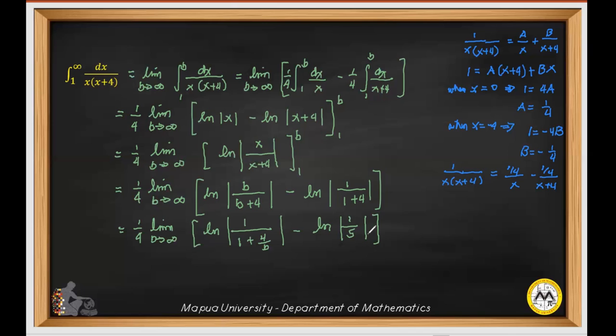So if we are going to evaluate the limit, now we have 1 over 4 times evaluating the limit.